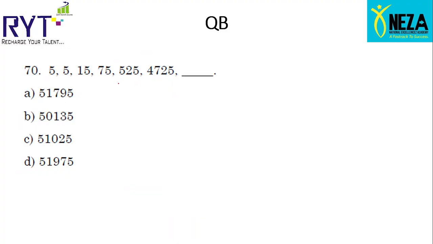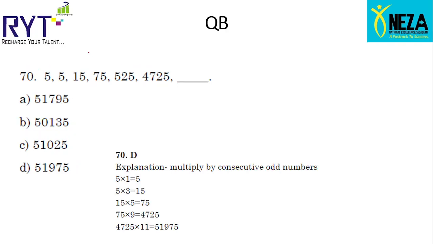Next one. 5, 5, 15, 20, 75, 5. Here, first number 5 into 1. First number 5, 5 into 1 is 5. Then look carefully. Here, what is happening? Each number is getting multiplied with consecutive odd numbers.